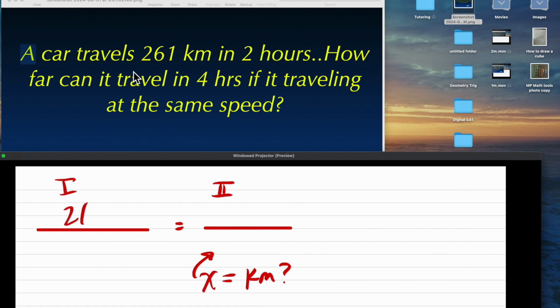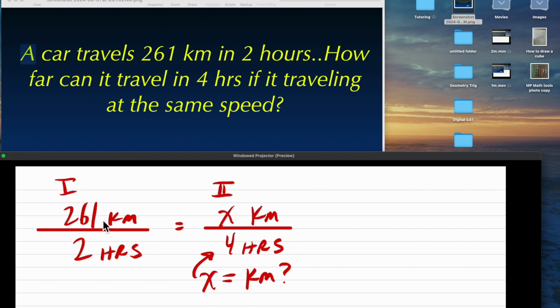Part 1, 261 kilometers in 2 hours. Remember, time tends to go in the denominator. It makes it easy. And we're going to put x kilometers up here. And how far will it be in 4 hours? Remember, part 2 is the second part of the problem, and that is going to be associated with the x.